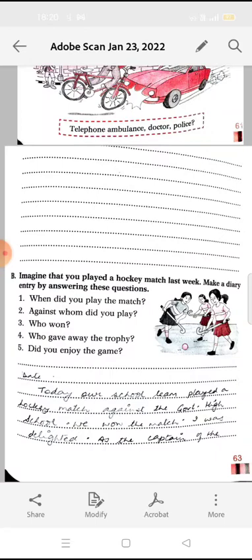Next writing is, imagine that you played a hockey match last week. Make a diary entry by answering these questions. Diary entry is when you don't tell anything to your friends, you can tell to your diary. Some people have the habit of writing a diary every day or maybe once a week. So that time you have to consider that diary is the person.